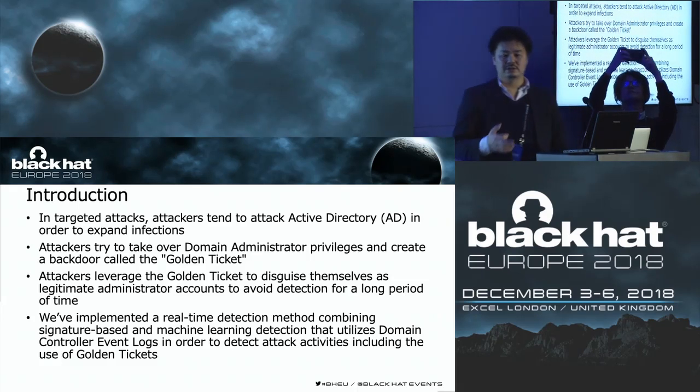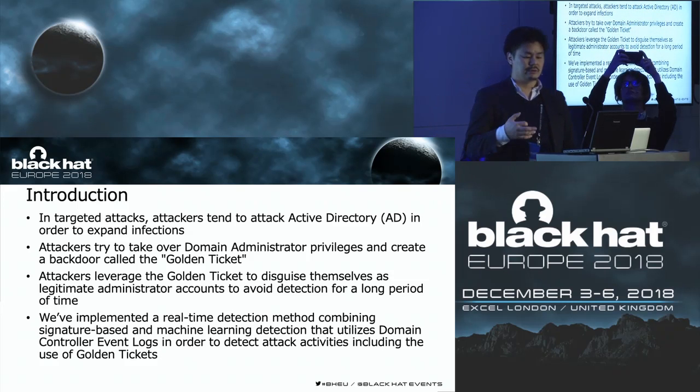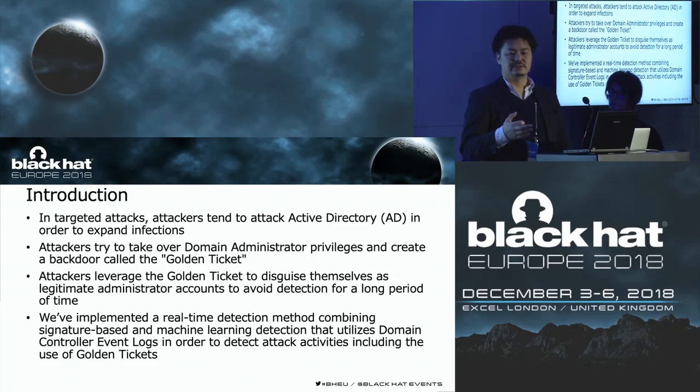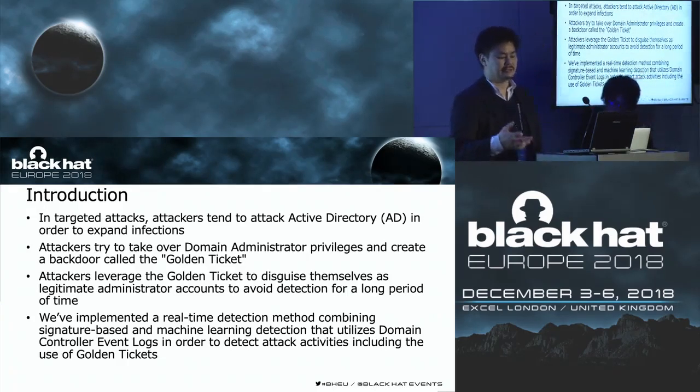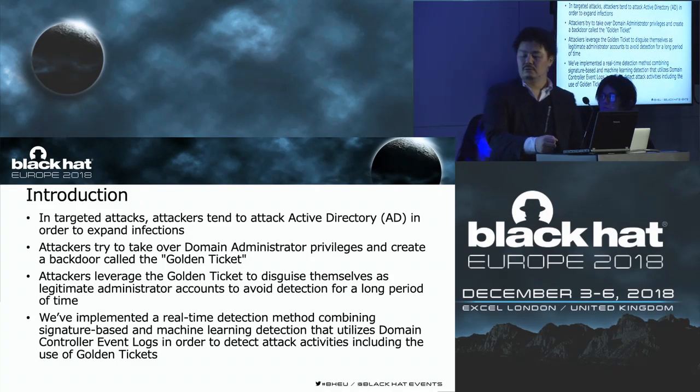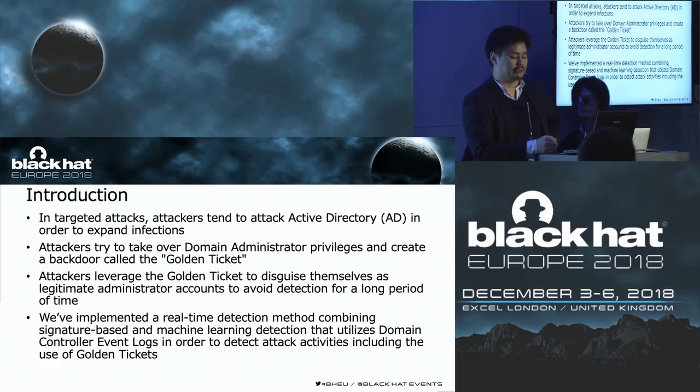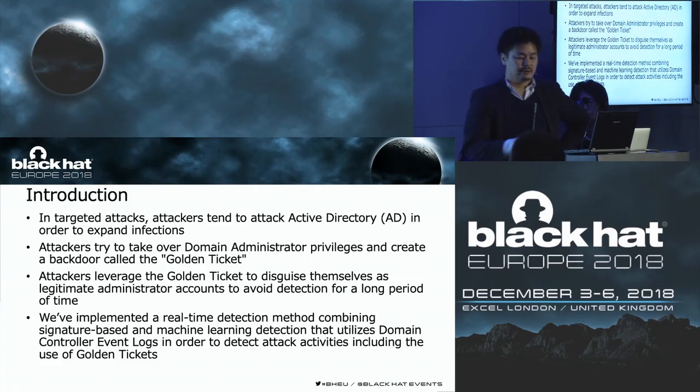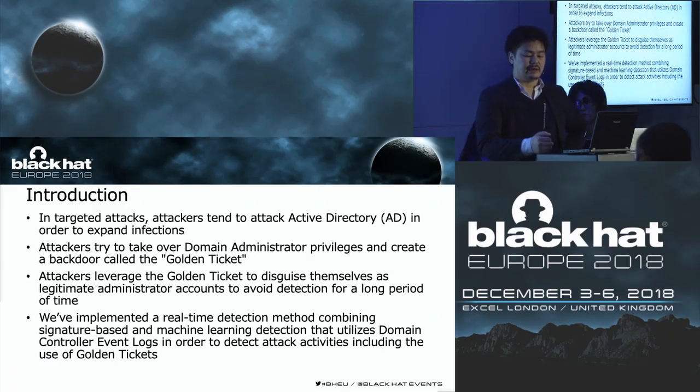It is not easy to detect golden ticket abuse because with a golden ticket, they can disguise themselves as a legitimate domain administrator. So in this talk, we will explain the tools and the detection method, which combines signature-based and machine learning detection, analyzing event logs to detect attack activities, including golden ticket.